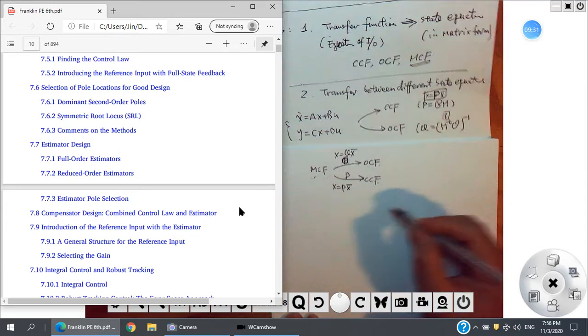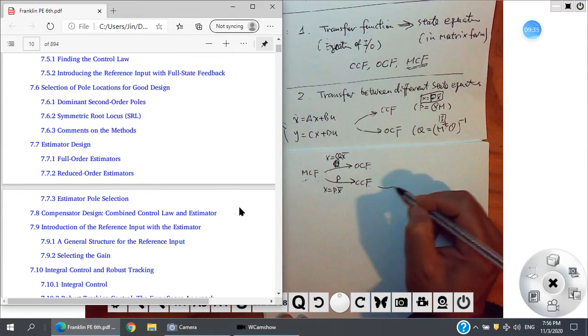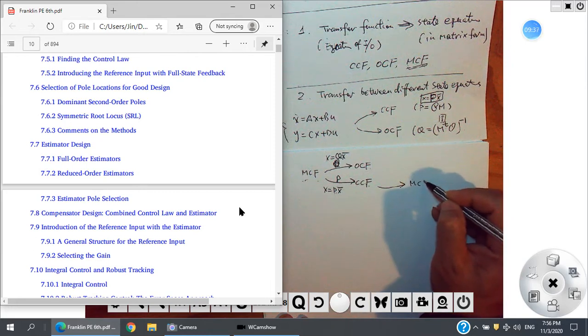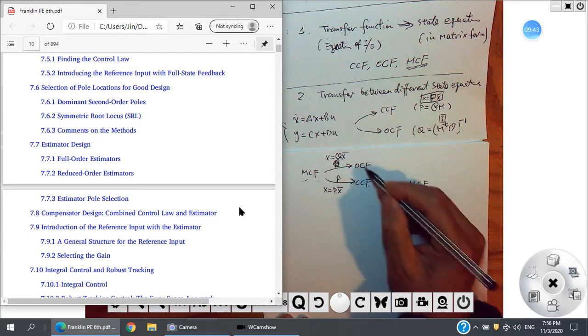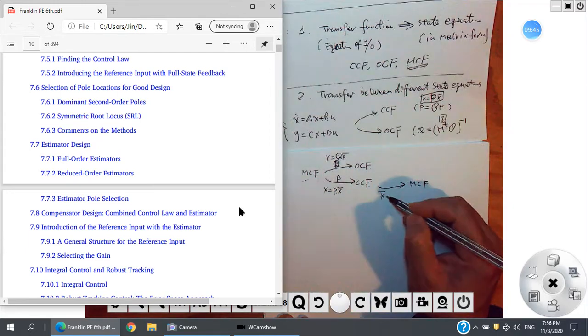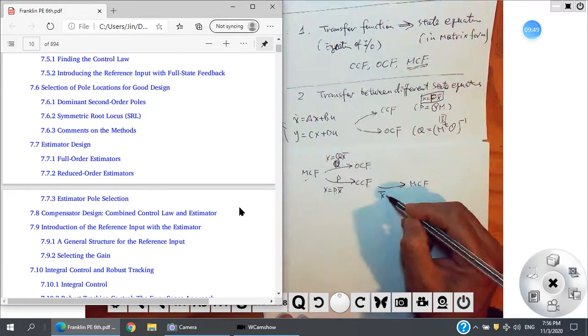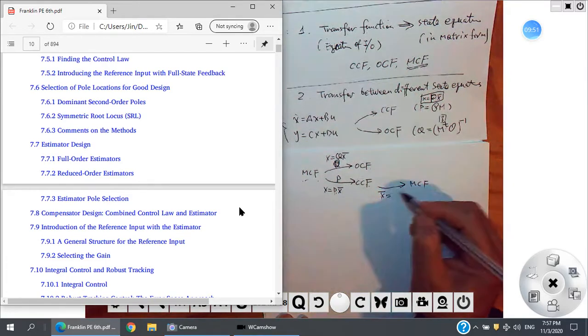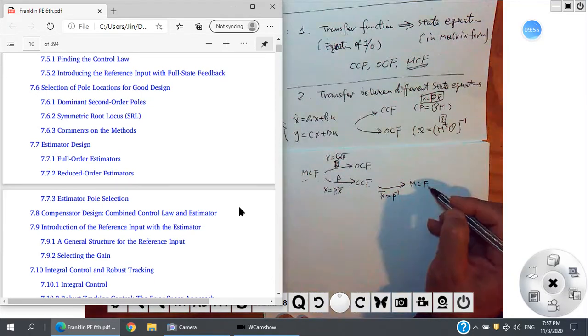And then you use the same P, same Q, then you consider this one going to an MCF by x. Okay, I suppose the state variable here is just x bar. If this is x, original here is x, then here x equal to P inverse times the state variable for this.